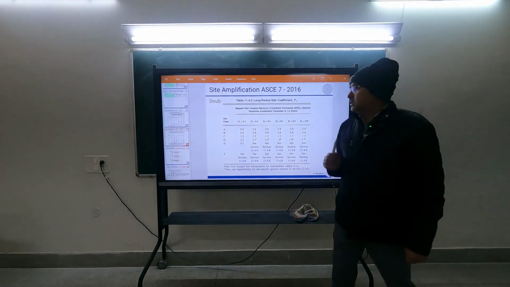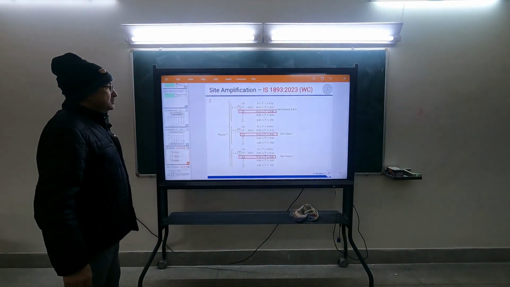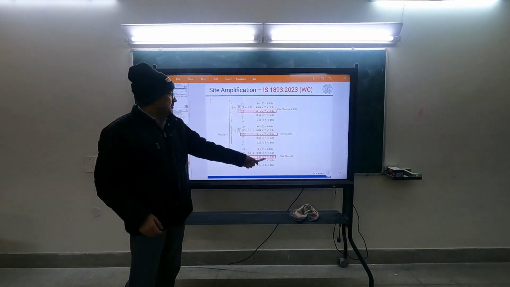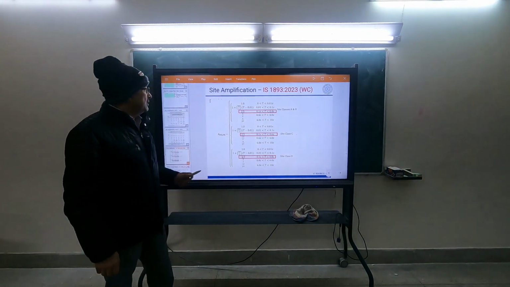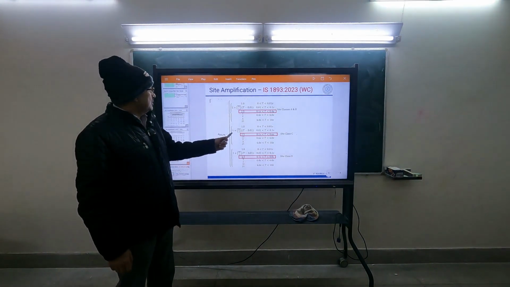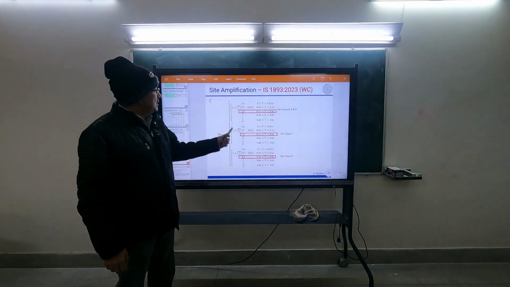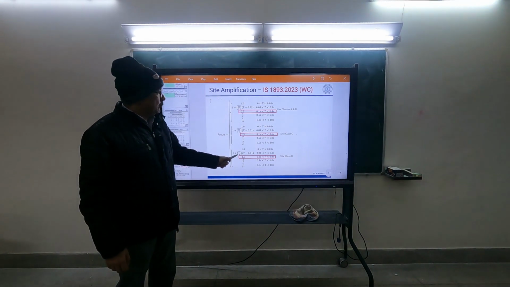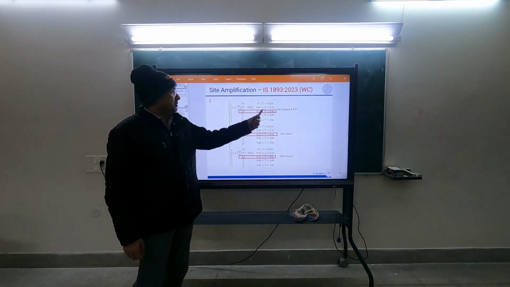Okay. Now let us compare this with our code. Our code gives the shape of response spectra like this for site class A and B, C and D. So this is 2.5. In our code, in short period, there is no increase. It remains 2.5, 2.5, 2.5, from 0.1 second to 0.8 second.